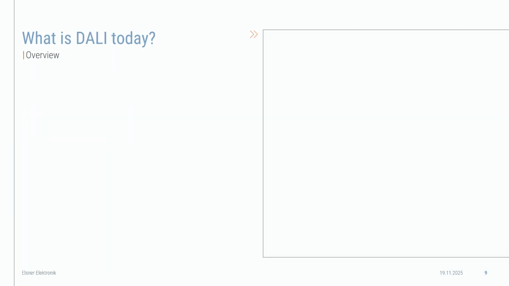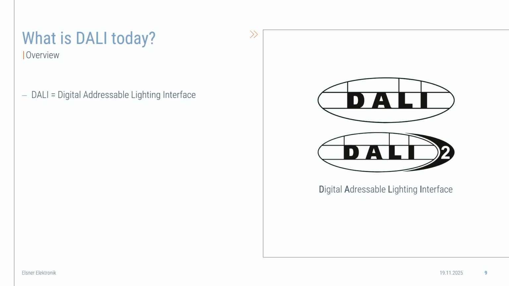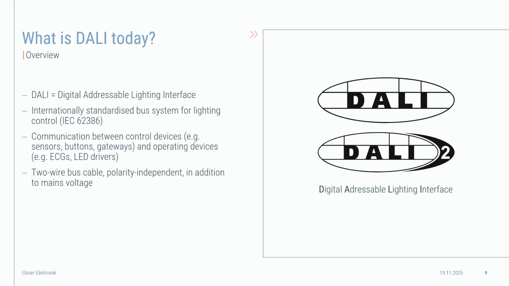So what is DALI exactly? DALI stands for Digital Addressable Lighting Interface. It's a standardized system for controlling lighting defined in the IEC 62386. It allows devices like sensors, switches, or gateways to communicate directly with the LED drivers or ballasts.